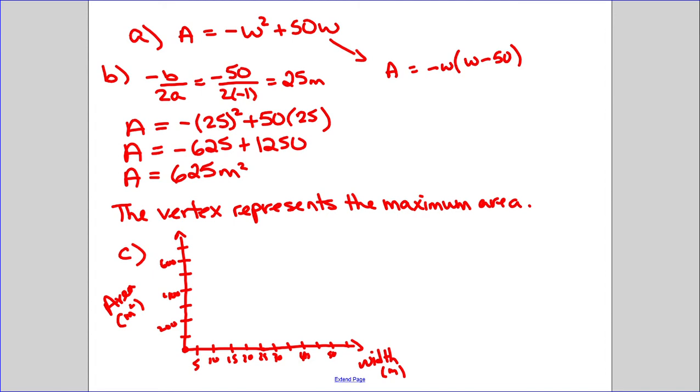For this function to equal 0, W would have to equal 0 or W would have to equal 50. That tells me where it crosses the x-axis in 2 spots. And at 25 meters, I went up as high as 625. From here I can visualize the parabola shape to sketch out what the graph would look like.